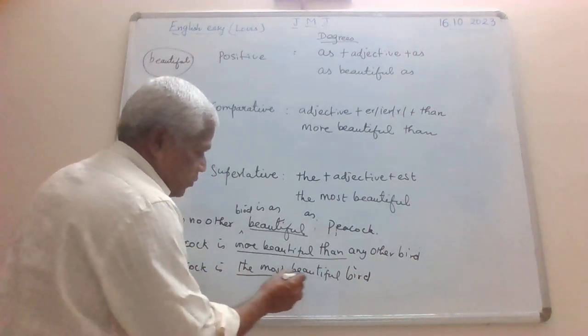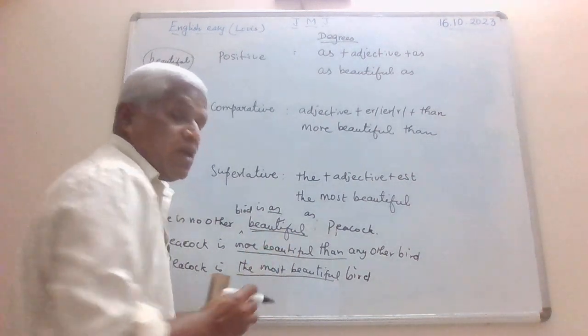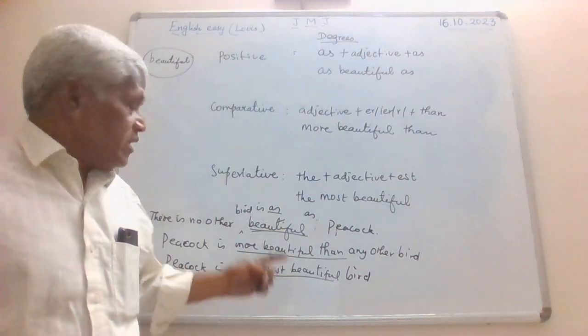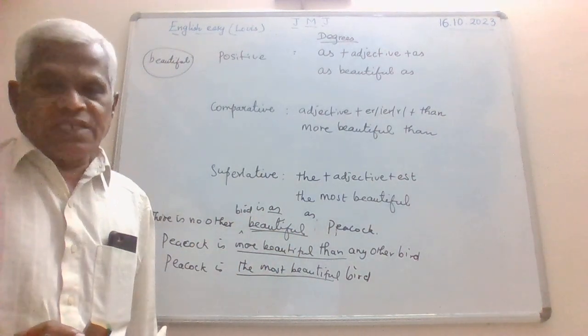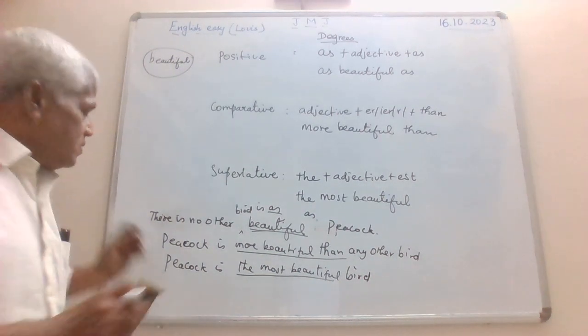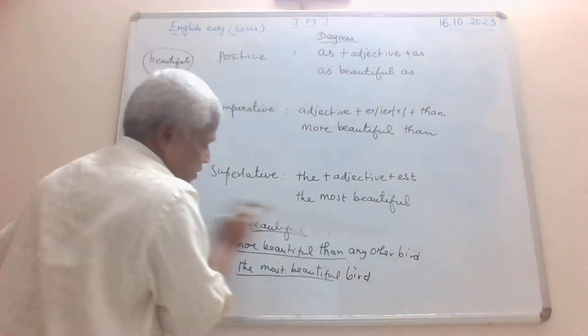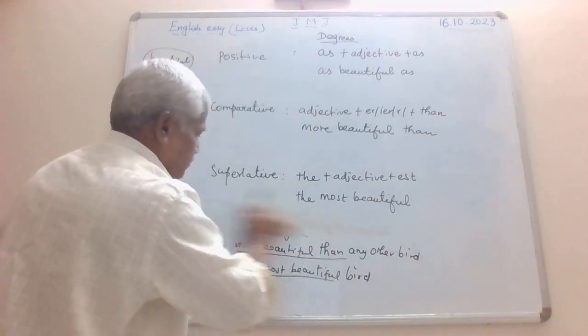See the formative way of mentioning adjectives to various degrees. Is that clear now? Okay, let me write this one here, that will be more clear to you.